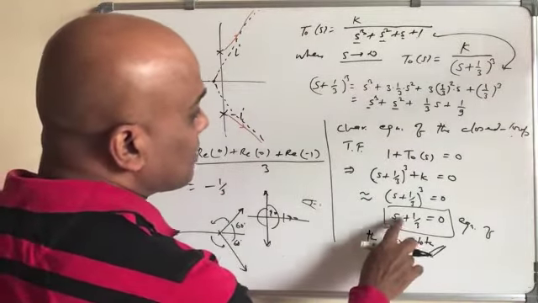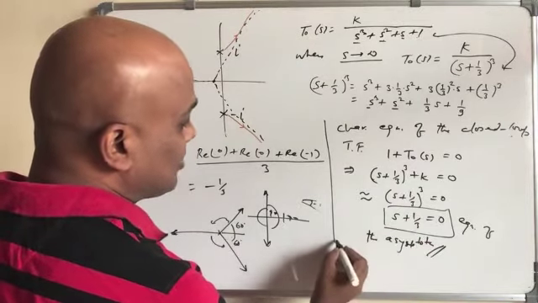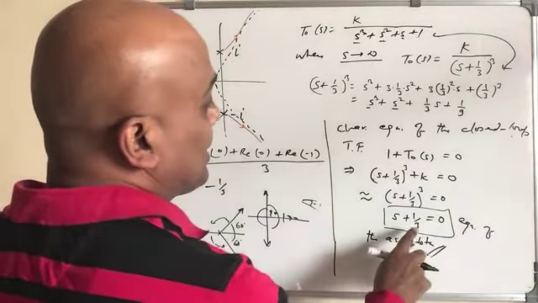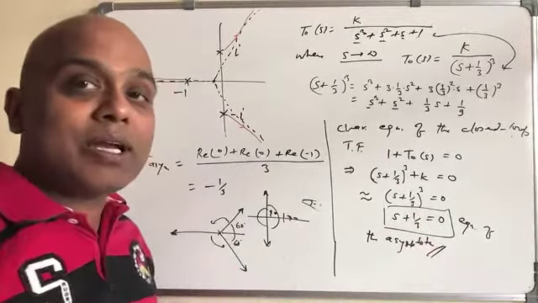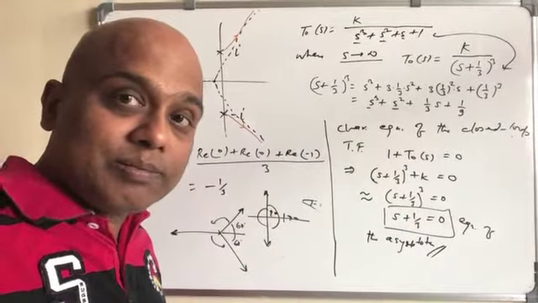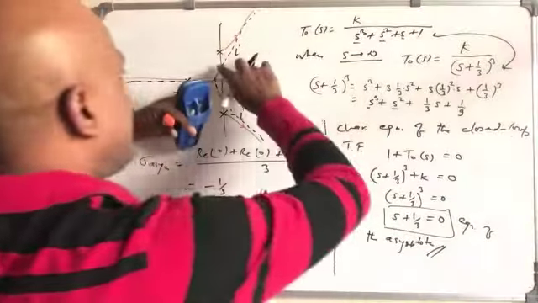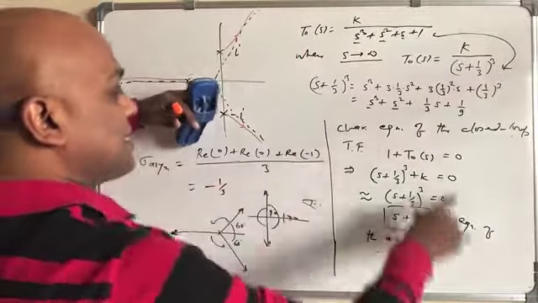So s plus 1/3 equal to 0 is the equation of the asymptote, where s has to be very, very large.